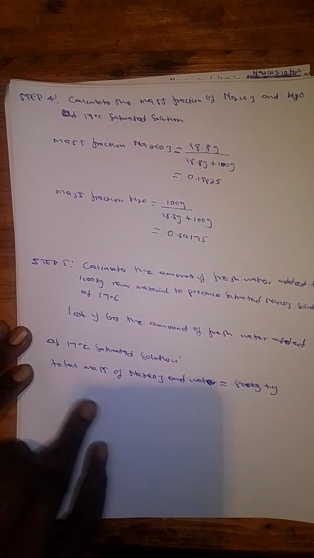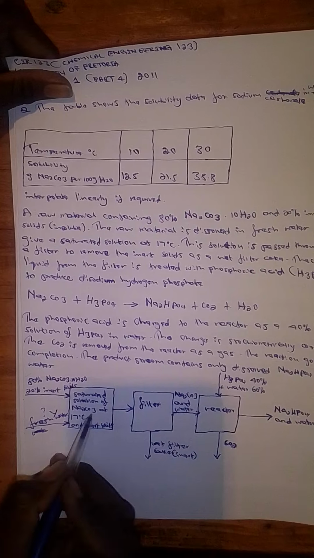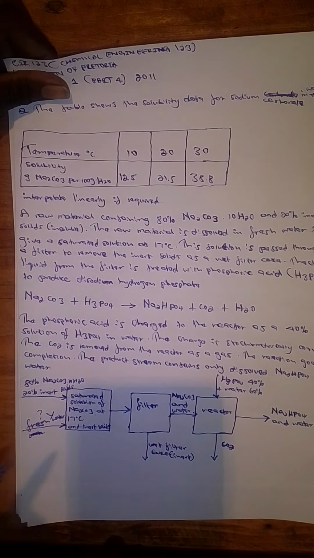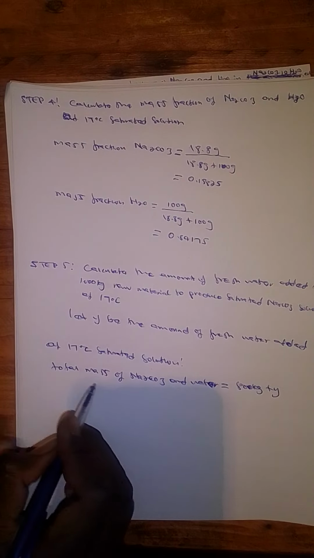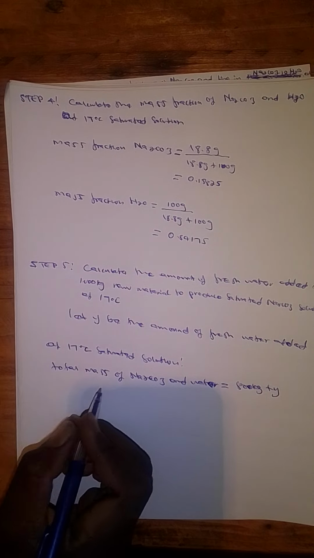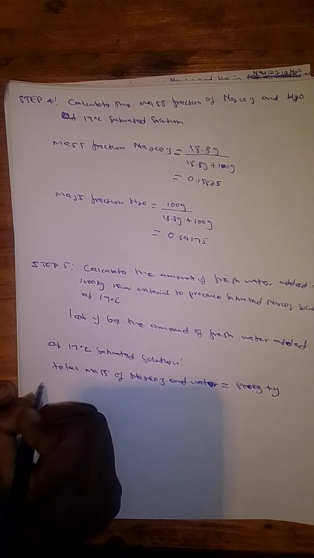So this is actually the total here. At saturated solution is the total of the Na2CO3 and also the water, but excluding the inerts. So this is the mass of the water and the Na2CO3, and then with that said, we can do an Na2CO3 balance.